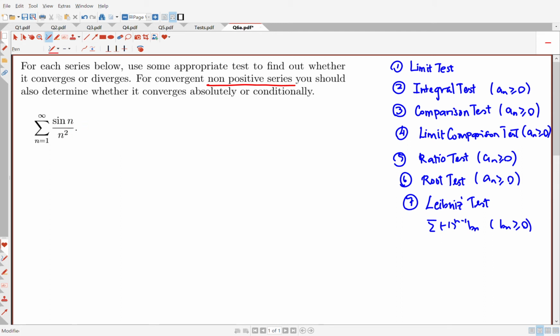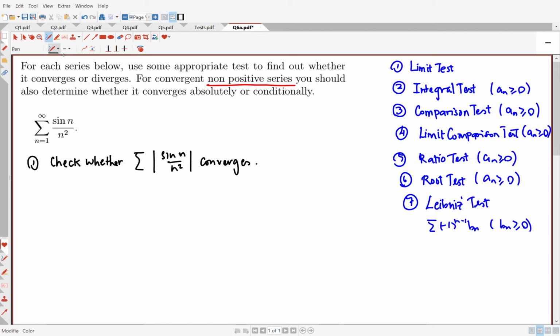So for non-positive series, what I will check first is whether the sum of the absolute value of this converges.